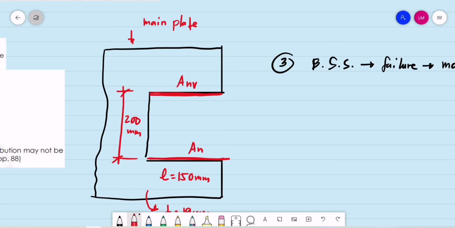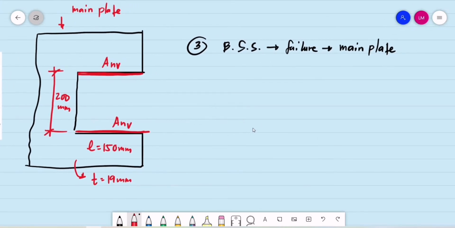So this is A sub NB. Let us compute the value of A sub NB. So A sub NB is equal to, again, the welded length is 150 millimeters multiplied by its thickness, 19 mm. Again, we have 2, so we have here on the top A sub NB and A sub NB, so multiplied by 2.